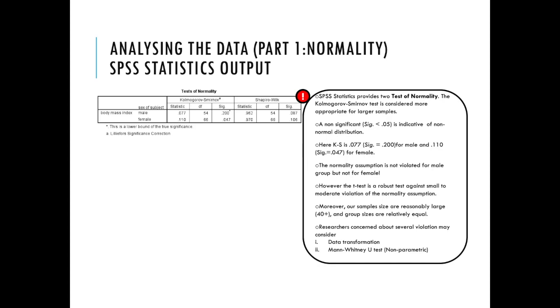Moreover, our sample size is reasonably large, more than 30 subjects, and group sizes are relatively equal. If researchers are concerned about serious violations, they may consider data transformation, or you can use a non-parametric test equivalent to the independent samples t-test, which is the Mann-Whitney U test.